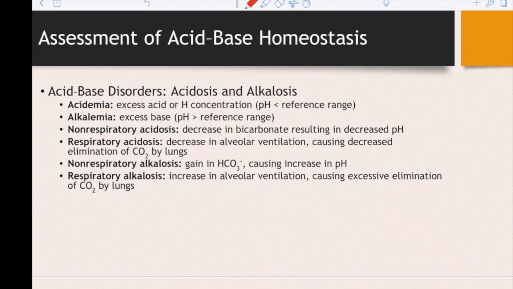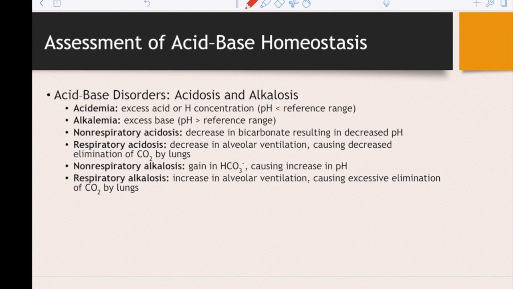Okay, so just really quickly, we're going to touch upon this just so that you know why this is so important, and then we'll go back into the acid-base balance. Just really briefly, the acid-base disorders that we're going to come across are usually categorized into acidosis or alkalosis.